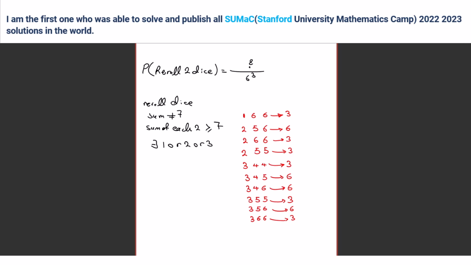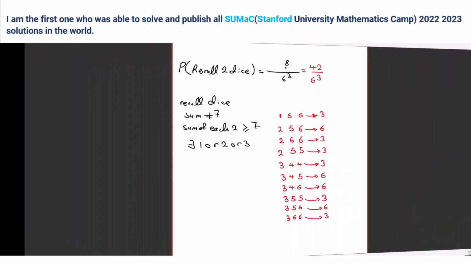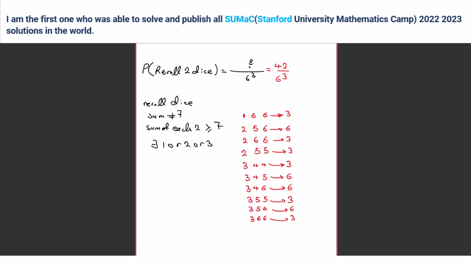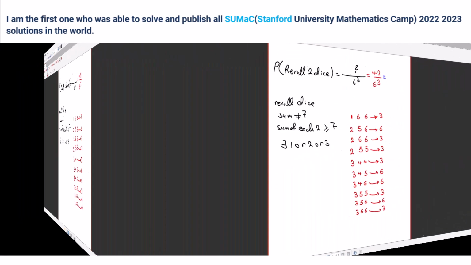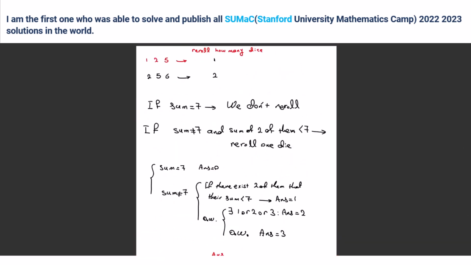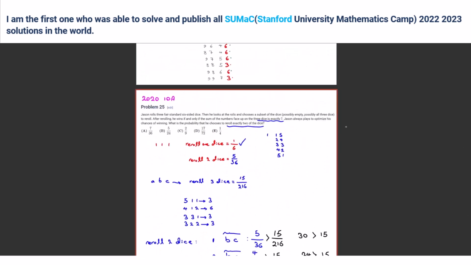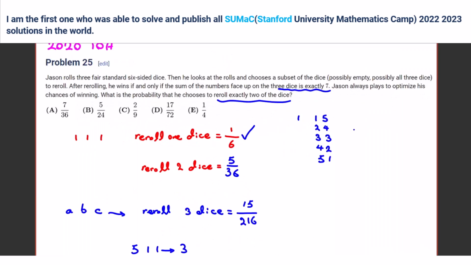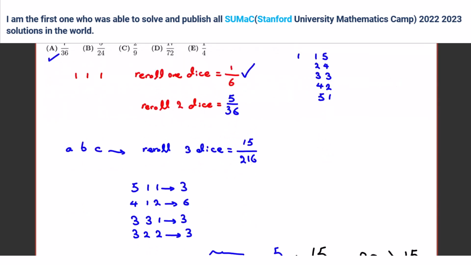So 42 over 6 cubed. If we simplify this, what over what? 7 over 36. Exactly. 7 over 36. Which choice is here? A. Okay. Do you understand completely how we solve this?